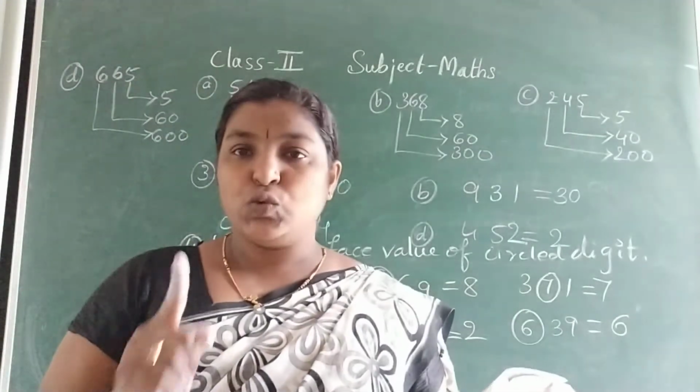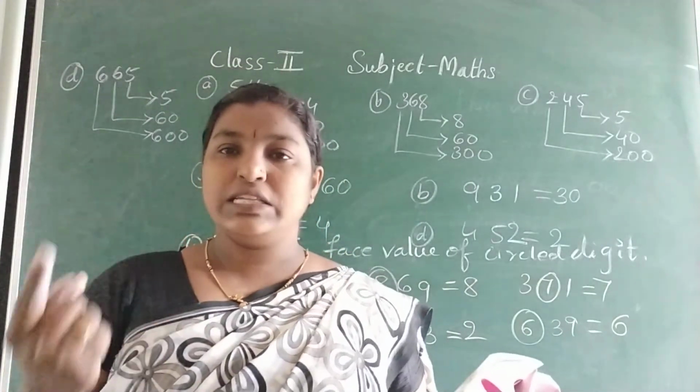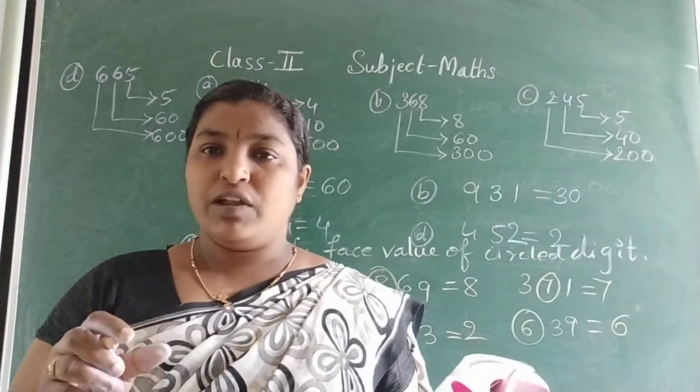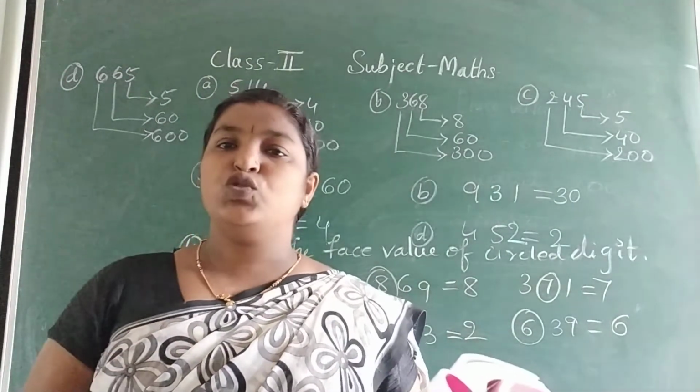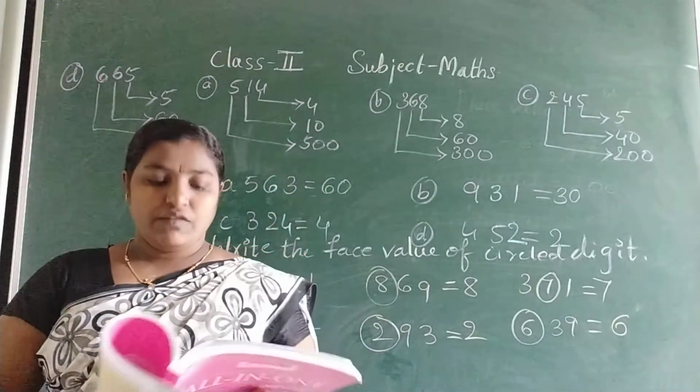But place value, you should multiply the number with its respective place. In whichever place the number is, that number and the place together you should multiply, then that will be the place value of the given number.